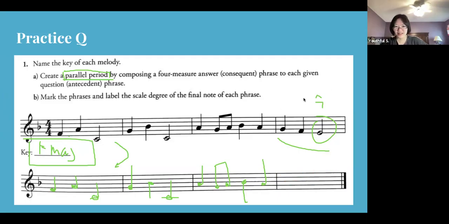Okay. E, C. Yes, correct stem direction.